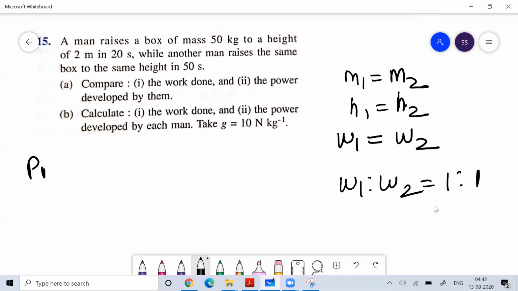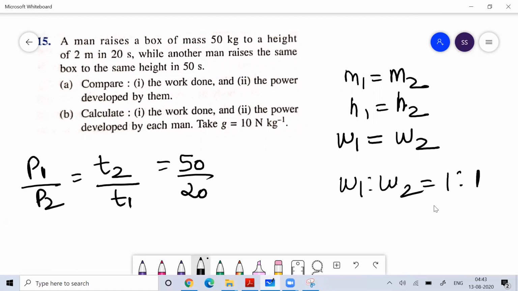P1 by P2, since work done is the same, would be in the ratio T2 by T1. Power is work done by time taken. The second one is 50 seconds and the first one is 20 seconds. So P1 is to P2 will be 5:2.